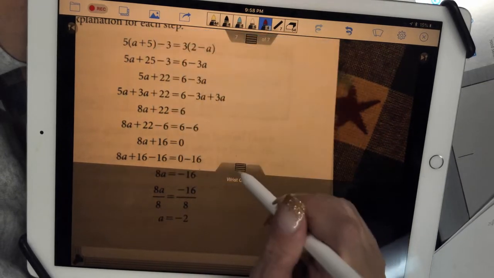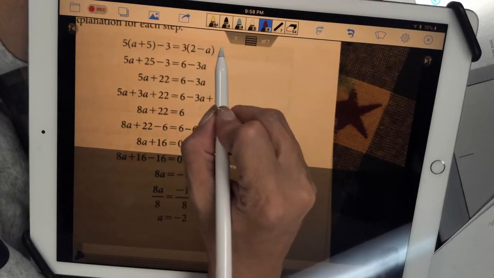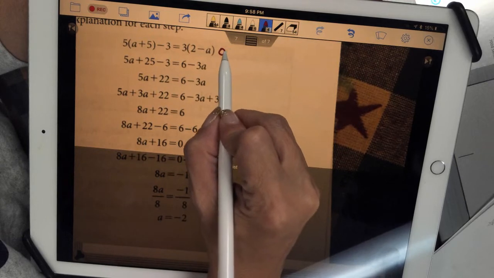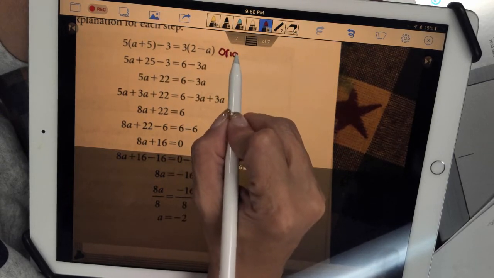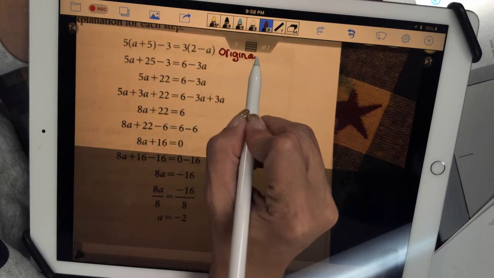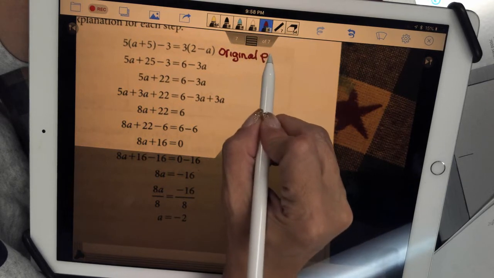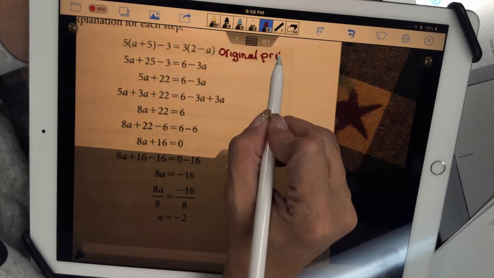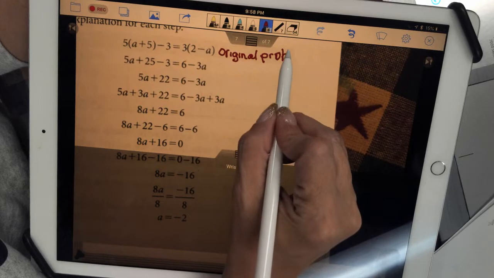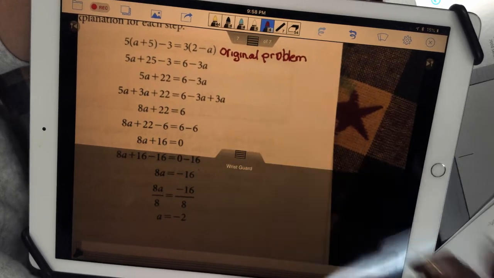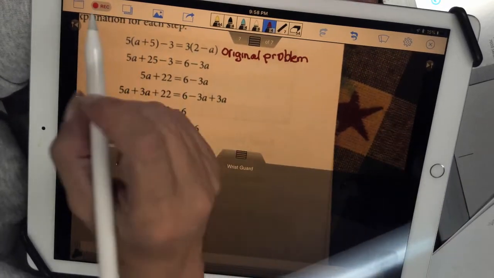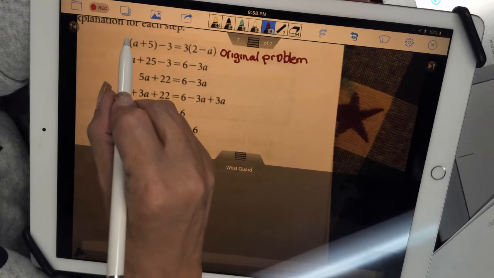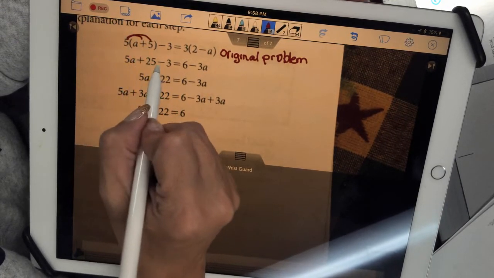Okay, so on this I would write original problem. It's hard to write when I get close to that. Okay, there we go. So now what did they do on this next step? It looks like they did distributive property.